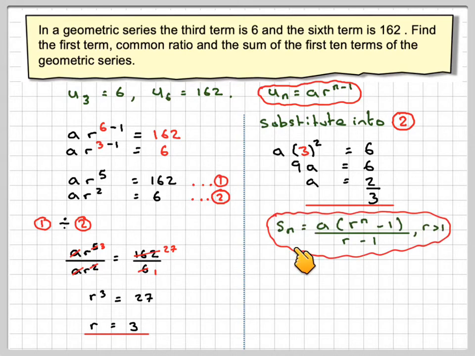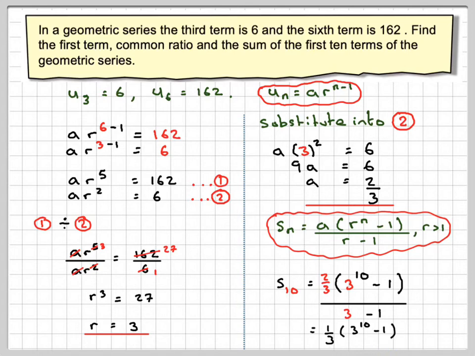So this time we use Sn is A(R to the n minus 1) over (R minus 1) for R greater than 1, because we use it this way around because R is bigger than 1, because R is 3. Substituting in, we're going to get S10 is 2/3 times (3 to the power of 10 minus 1) over (3 minus 1). 3 minus 1 is 2, and then 2/3 divided by 2 is 1/3, so we end up with 1/3 times (3 to the power of 10 minus 1).